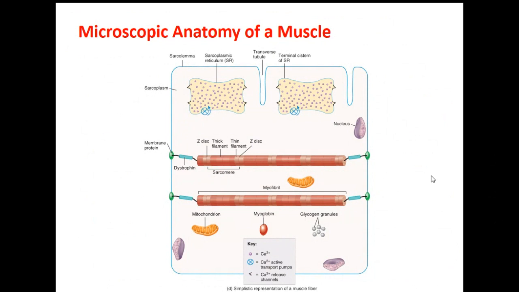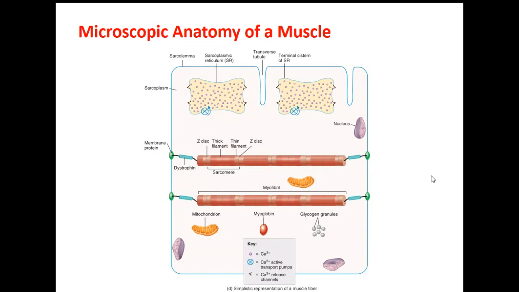These myofibrils are actually very long, and there are a lot of them inside one muscle fiber, but they're only showing a couple of them. There are mitochondria making ATP that is used for the energy to shorten these myofibrils. And the whole thing is covered by the sarcolemma, which is just the plasma membrane surrounding this whole cell.